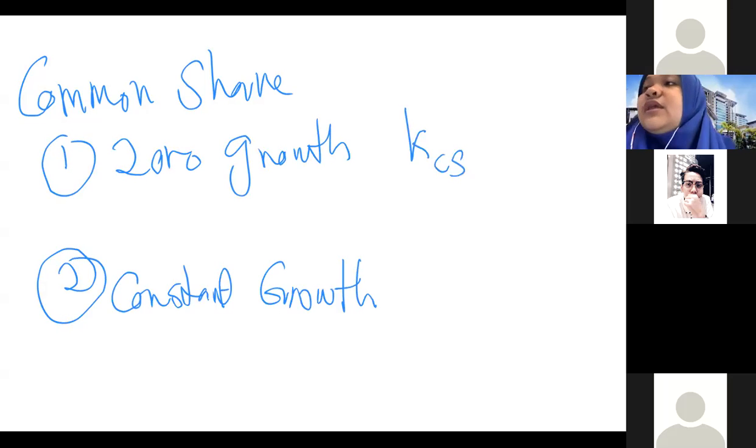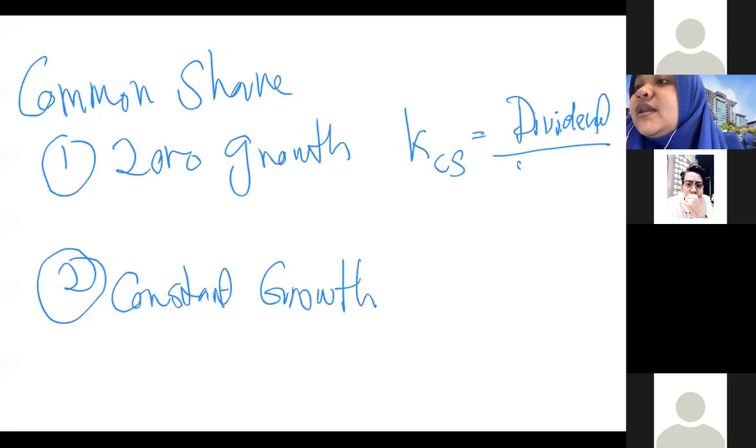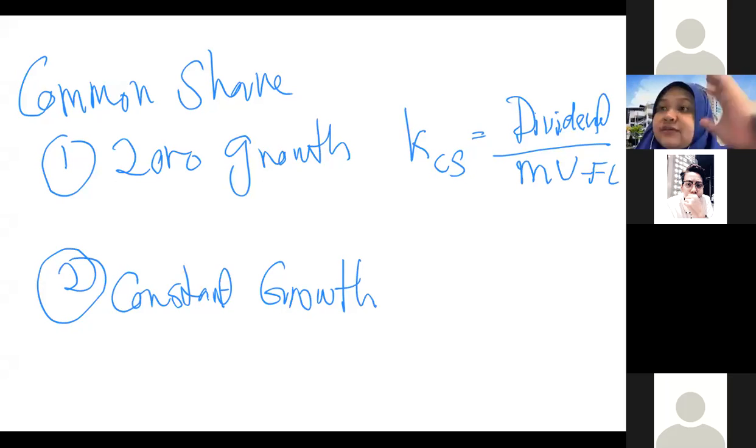It is dividend divided by market value. Market value actually represents the price of the share. If there is any flotation cost, you need to minus it from the market value. If there is no flotation cost, it's just the market value without any flotation cost. Any questions?